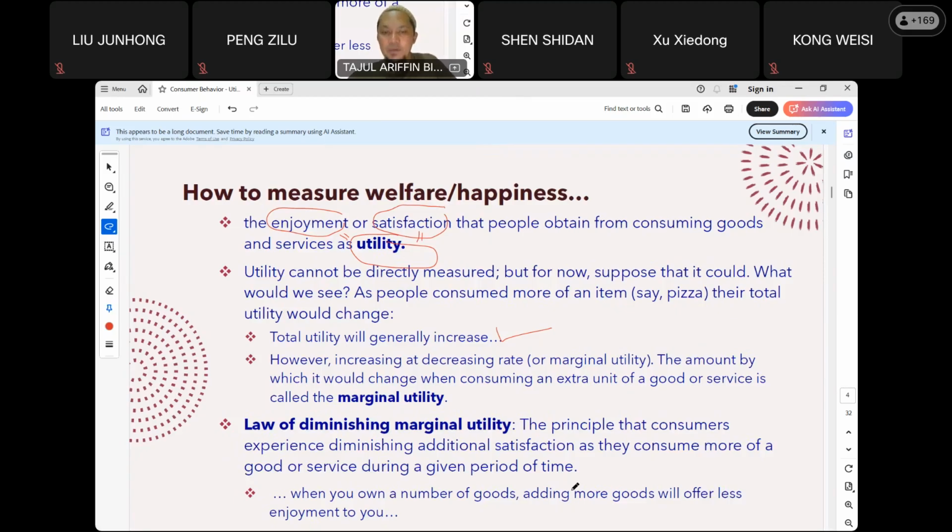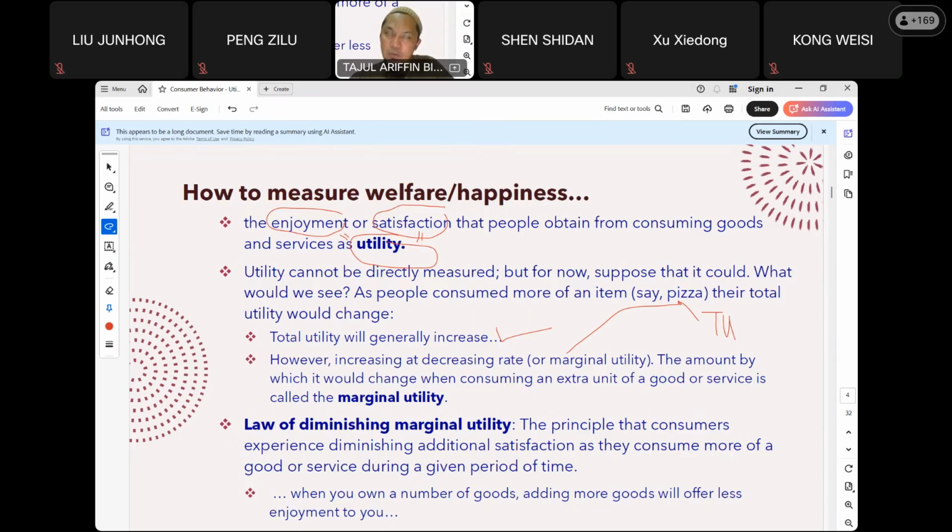The fourth, fifth, eventually there's a limit. Let's say the maximum you can take is 10 pizzas. The moment you bring the 11th pizza, you start to vomit. In other words, it increases at first, then increases at a slower rate, then eventually you vomit. Vomit means falling down. So later you will see the total utility curve will be shaped like this.